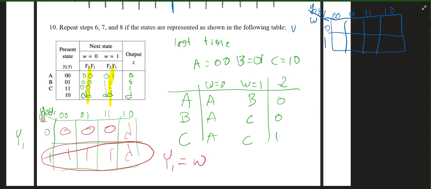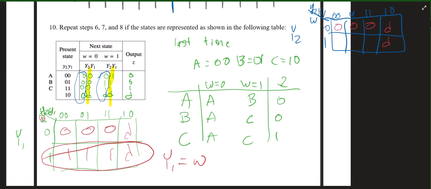Okay, so now we'll do Y2. We have don't cares for 1, 0. And when W is 0, for the others we have 0.